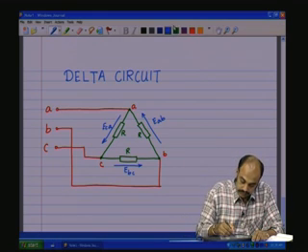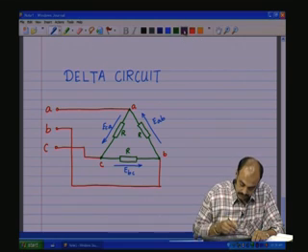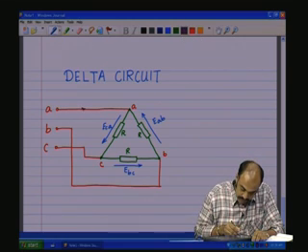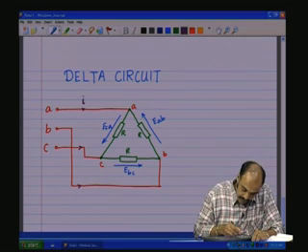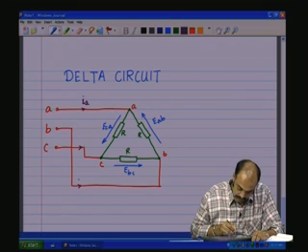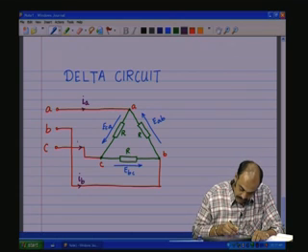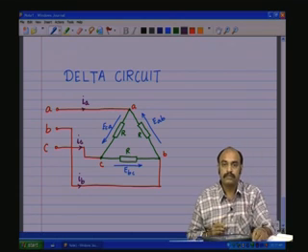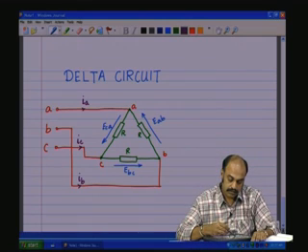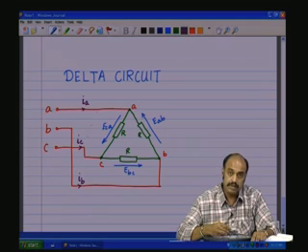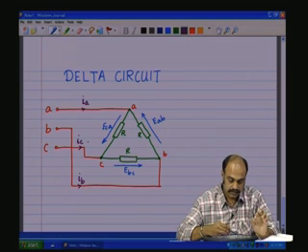Now, we need to define 3 line currents. So, you have IA, this is IB and this is IC. 3 line currents. Note that the phase voltages are the same as the line voltages in this case.